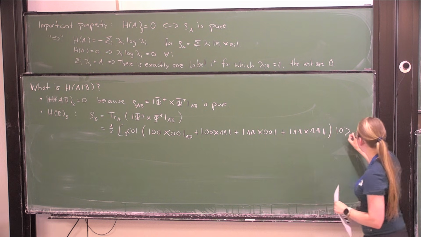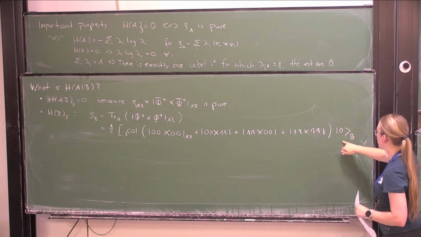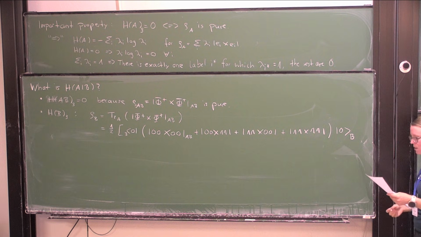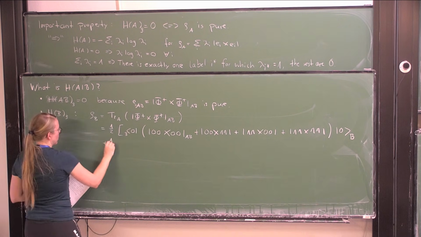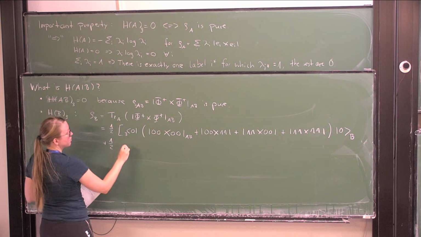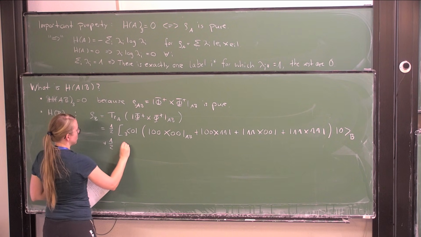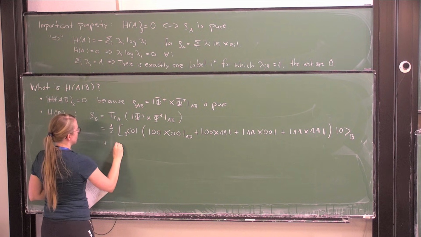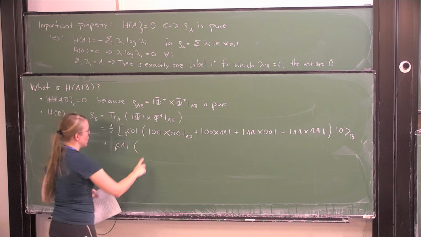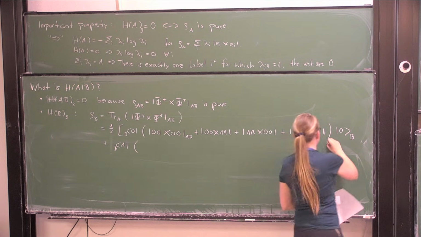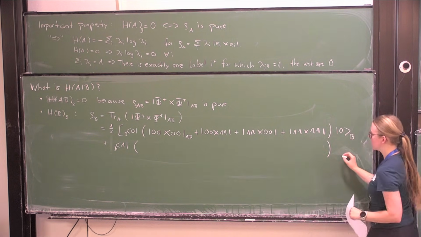On the other side, we also have the sandwich with the basis state from the trace. And we have the same term for the other basis state on B. The state inside is the same, except this.